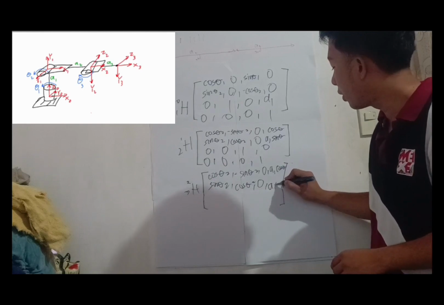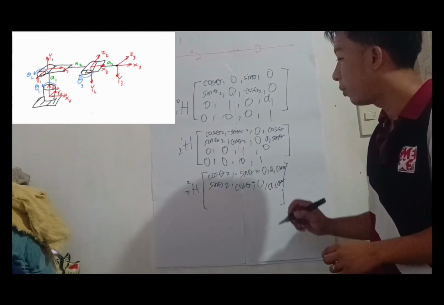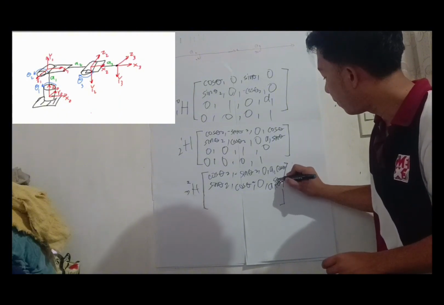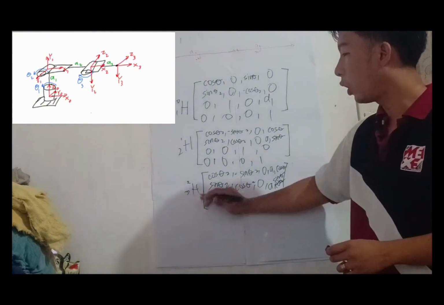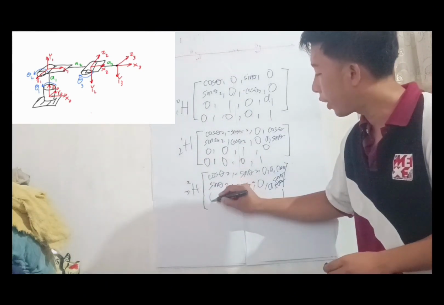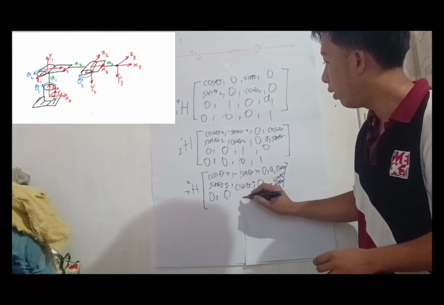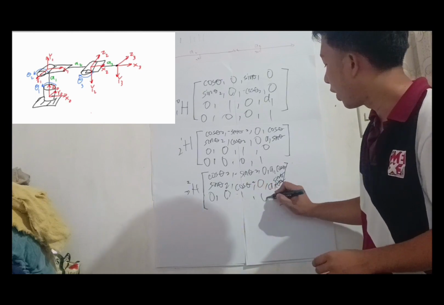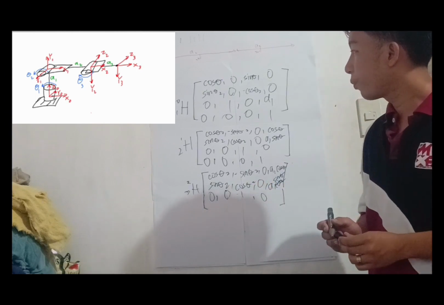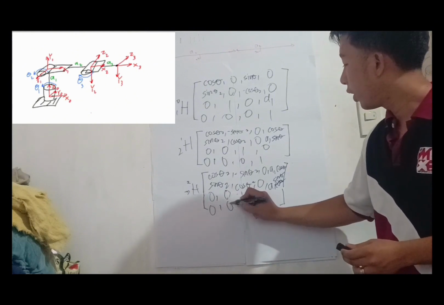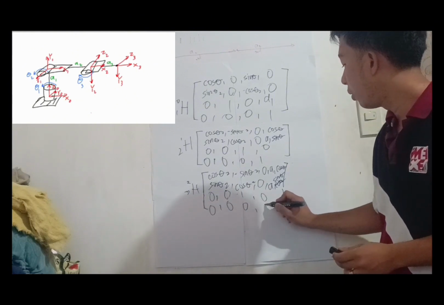And A1 is cosine theta 2. No, this is the sin theta. So, third, there will be 0. There's no rotation. 0, 1, 0. So, 0, 0, 0, 1.